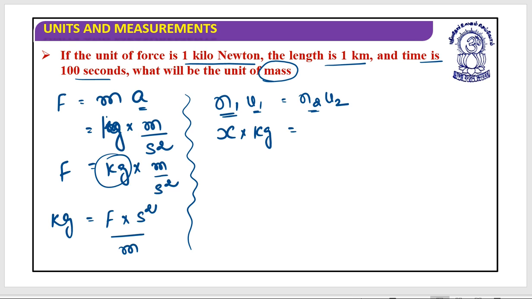So when we write n2 into u2, this is force into second square divided by its length.